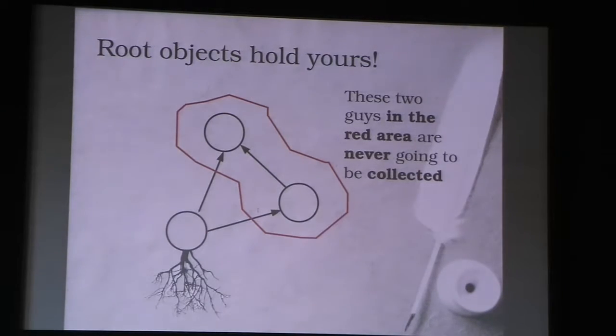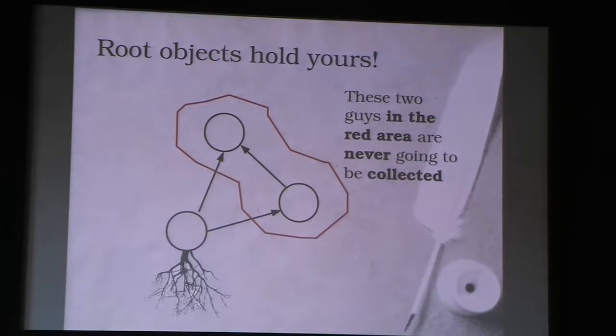So what is the base of garbage collection? People say an object is collected when the object is not used anymore. To be a bit more precise, in a Smalltalk image there are something called root objects. I draw them like that. It's an object that has a root, and that object will never be collected.